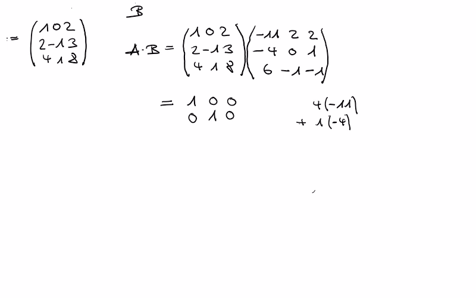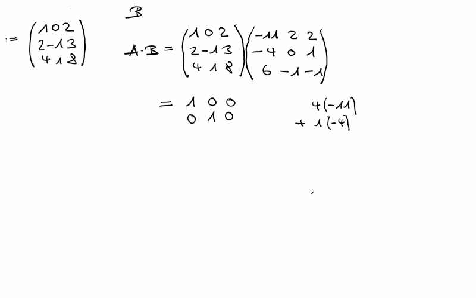Plus 8 times 6. So 6 times 6, that's 36, plus 12, that's 48. So again, we get a 0 here. Then we have 4 times 2, that's 8, plus 0, minus 8, that's 0. And then we have 8 plus 1, that's 9, minus 8, that's 1. That was hard work.